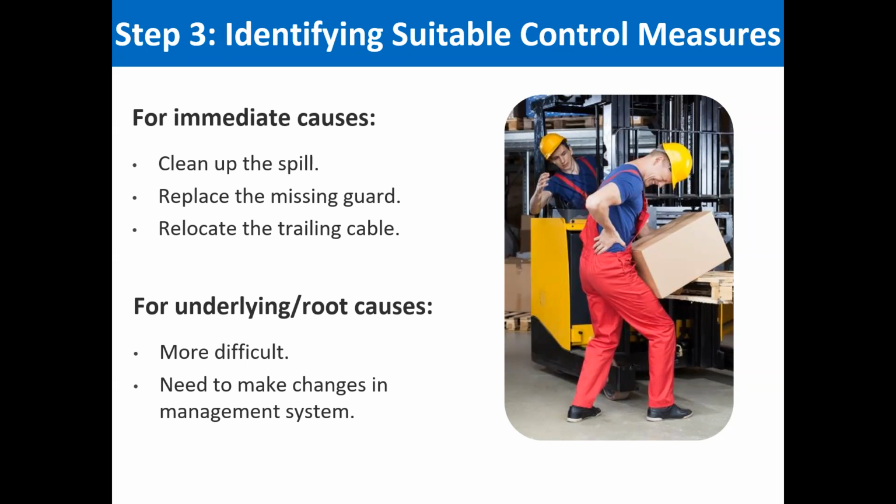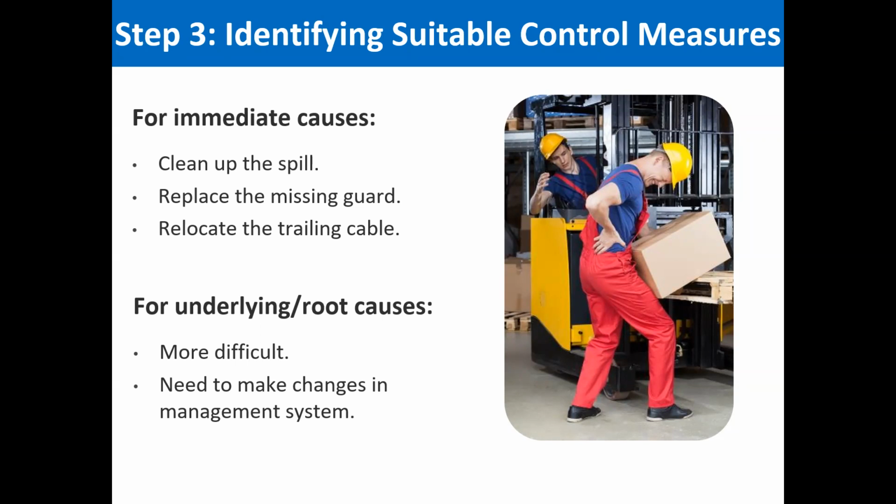Now, for the immediate causes, there will be short-term actions, okay, or immediate actions that you need to take. For example, if an accident was caused by a spillage, the immediate action would be to clean up the spill. That is addressing the immediate cause. What was the immediate cause?